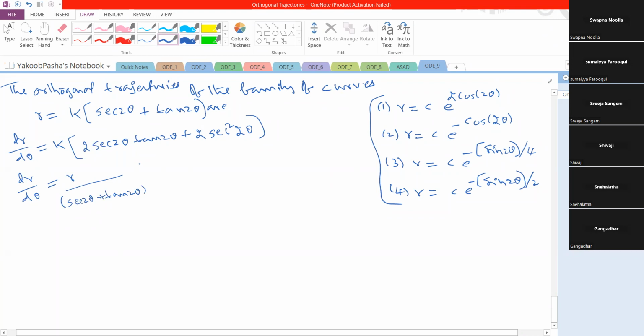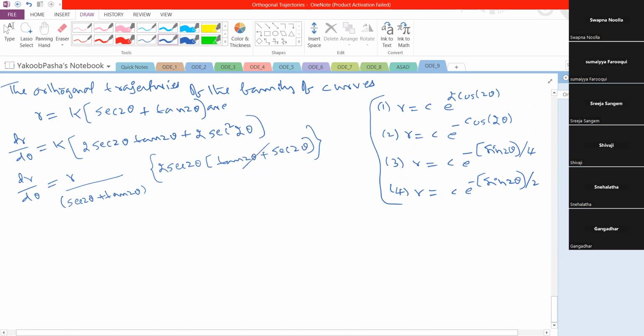Okay. Now we can take the numerator. We can take 2 sec 2 theta as common. So remaining tan 2 theta plus sec 2 theta.